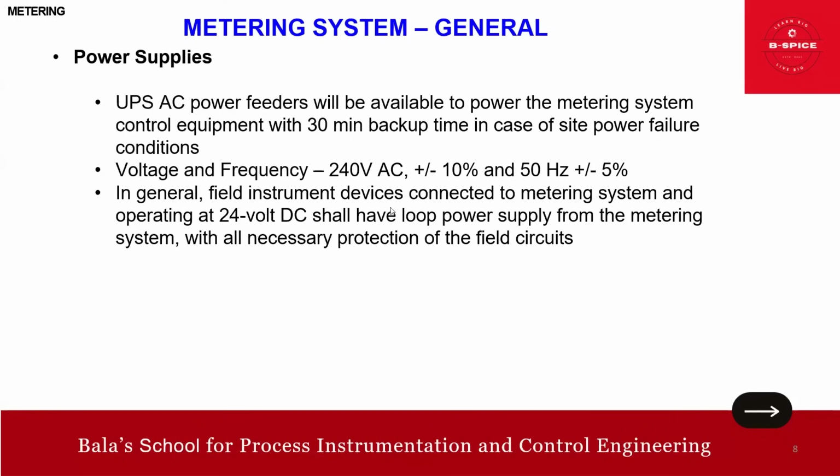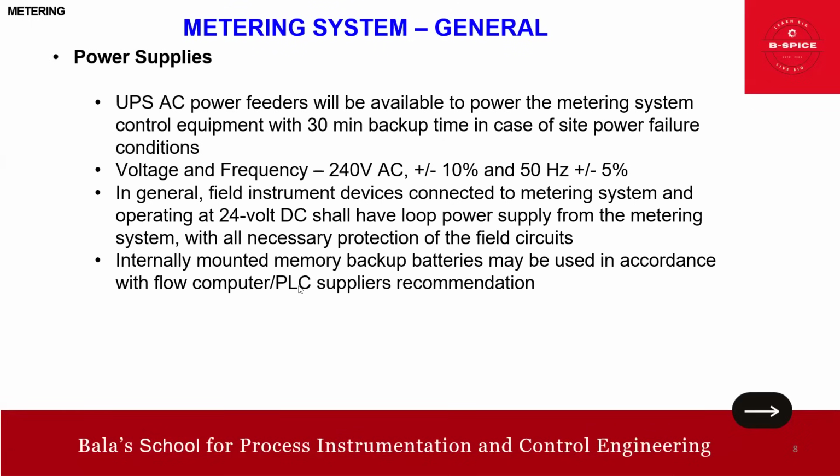Then in general, the field instrument devices connected to the metering system and operating at 24 volt DC, that's the standard, shall have a loop power supply from the metering system with all the necessary protection of field circuits. Internally mounted memory backup batteries may be used in accordance with flow computer PLC supplier recommendation.